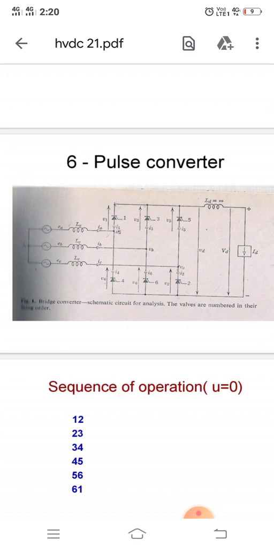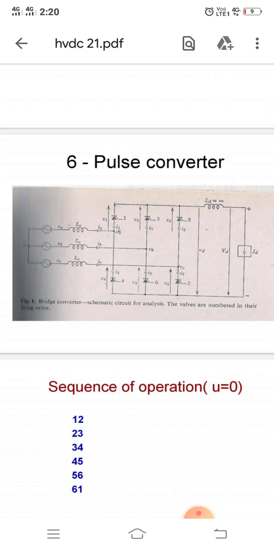This equation is applicable to three different phases, R phase, Y phase, B phase. So we just apply those 3 phase letters across this equation, and we can get 3 different equations for the 3 phases.